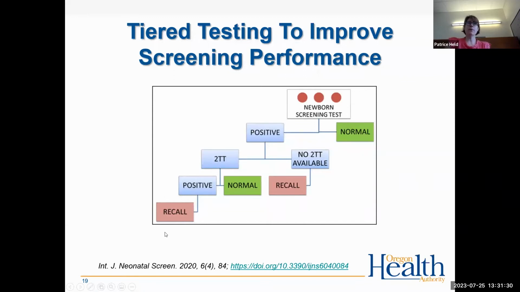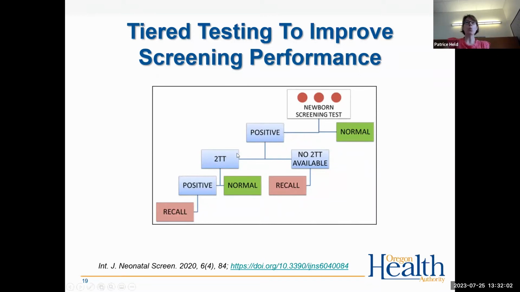Cystic fibrosis is a really great example of how newborn screening laboratories have used these multiple tier approaches. I mentioned that when we screen for cystic fibrosis, we use an immunoassay and measure immunoreactive trypsinogen. We know that it's not a great marker for the disease. Immunoreactive trypsinogen can be elevated not only in individuals with cystic fibrosis, but in other physiological conditions.